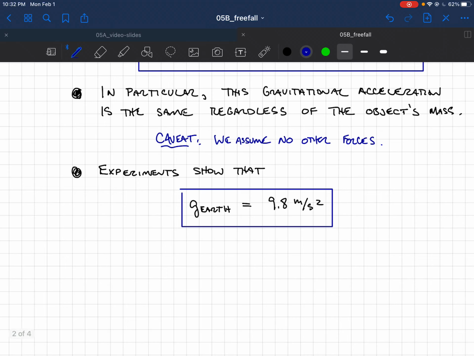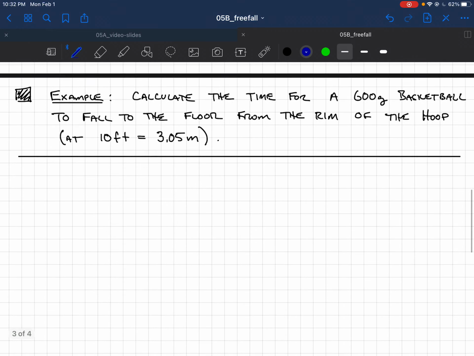It means that in the first second of an object's fall from rest, it will be moving with 9.8 meters per second as a velocity. And then in the second second, it will pick up another 9.8 meters per second, etc. So with every second that passes, the velocity increases by almost 10 meters per second.